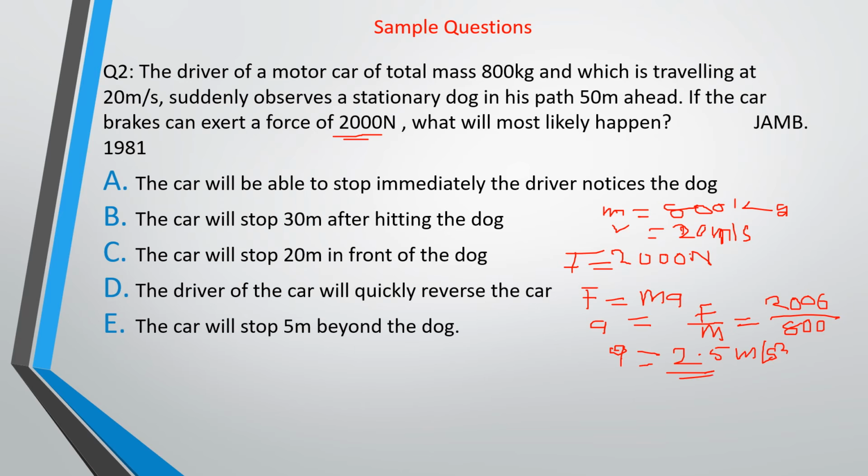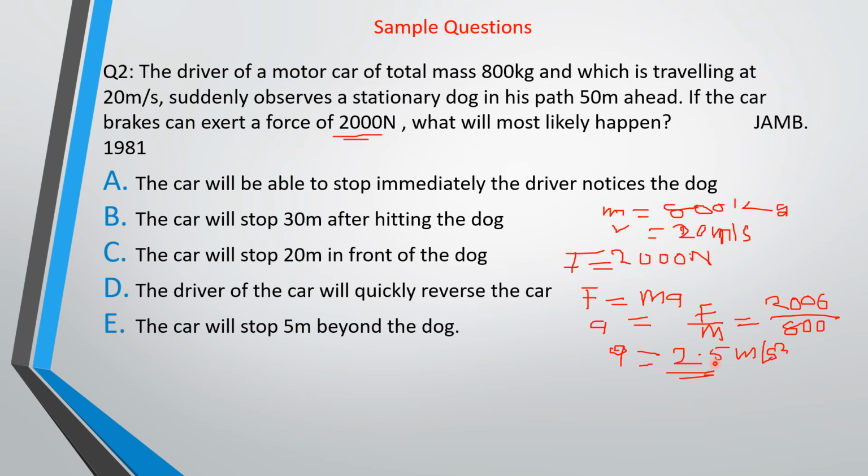This is your acceleration. Now, having gotten your acceleration, the other thing you will be looking for is the distance traveled before the car came to rest. Once you step on the brake, the car will begin to decelerate until it comes to rest, right? Because the car is coming to rest, the final velocity of the car will be equal to 0.